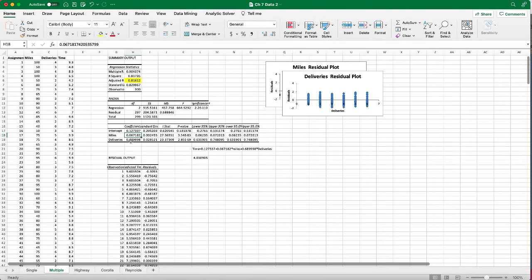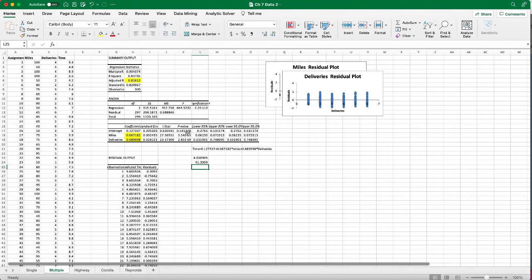This one is 0.0672. So it's about the same. And for the deliveries, we can interpret it as: for each additional delivery made, the time of delivery would increase by 0.689998 hours. Multiplied by 60 minutes per hour, that would be about 41 minutes. Okay, so maybe that involves load and unload time.